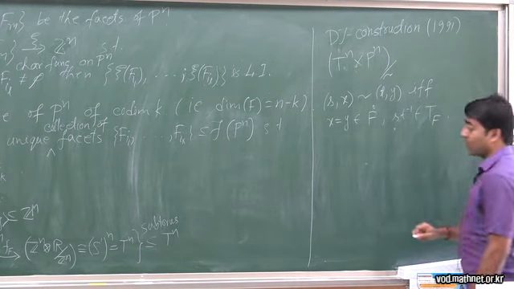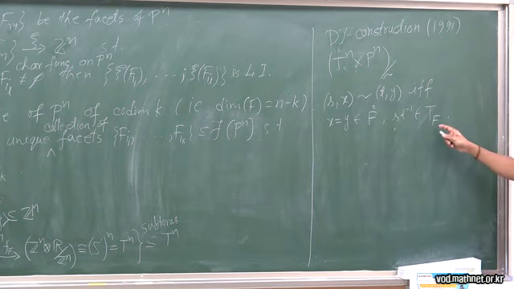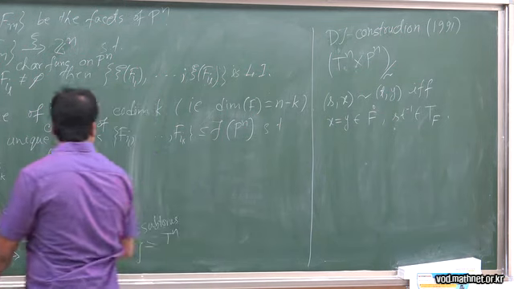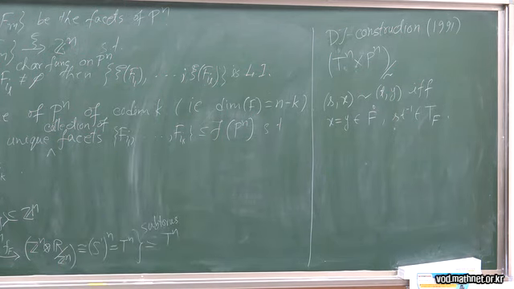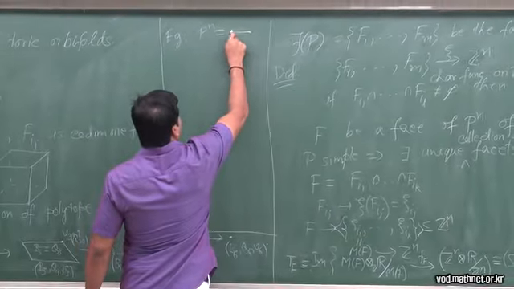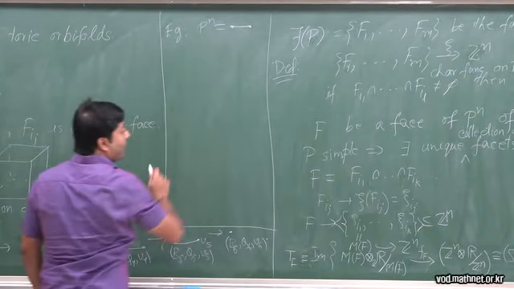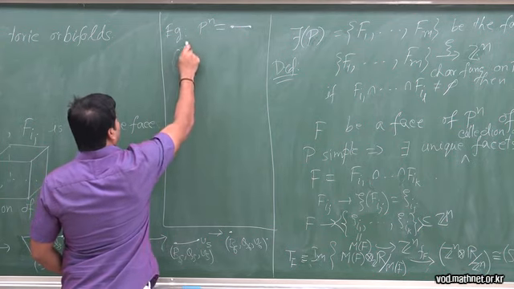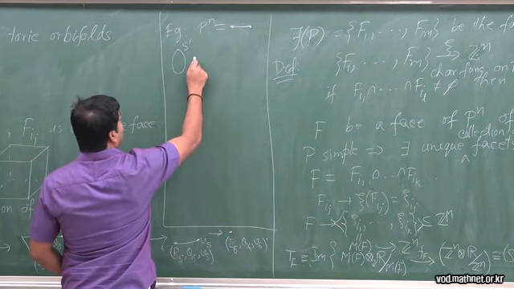So it makes sense, that identification. Pictorially, for the one-dimensional case, see the example where P^n is just the interval. So we have the circle S^1, which is T^1 cross.